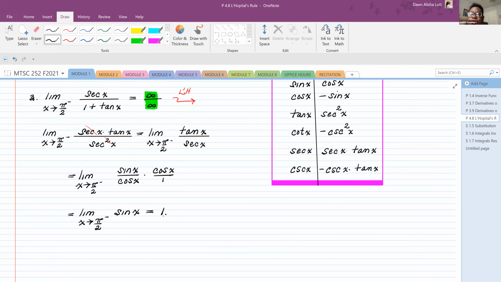Hi, Dr. Locke. I have a question about the derivative of tangent x. So you got sine x as the derivative of tan x, but on the table here it says tangent x is... So let's go back. Right here, I had secant x, and I took its derivative, secant x tangent x. I took tangent x, and I took its derivative, secant squared.